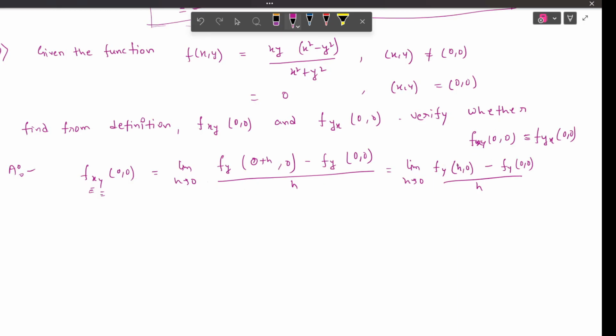Okay. Now we have to calculate this value fy(h, 0). So now for fy(h, 0), a is h, b is 0.